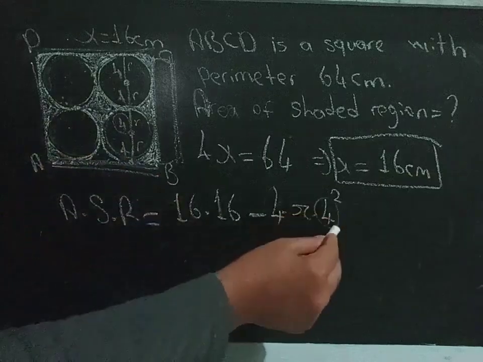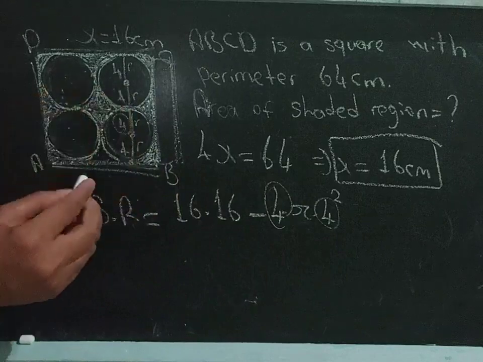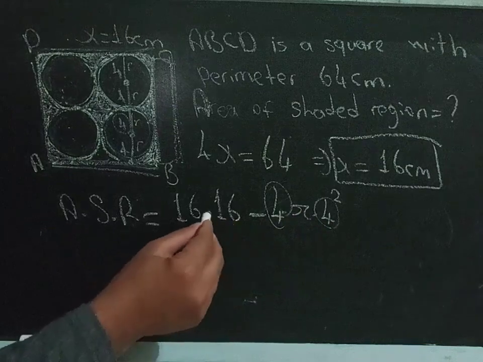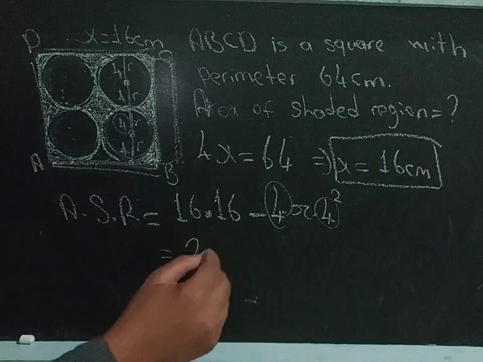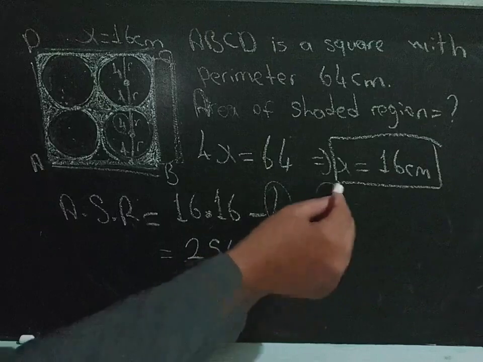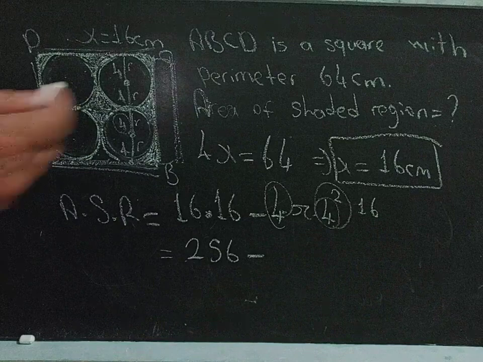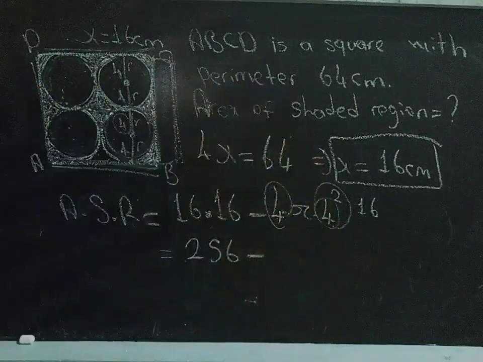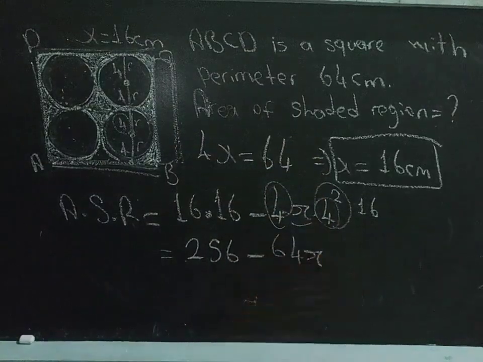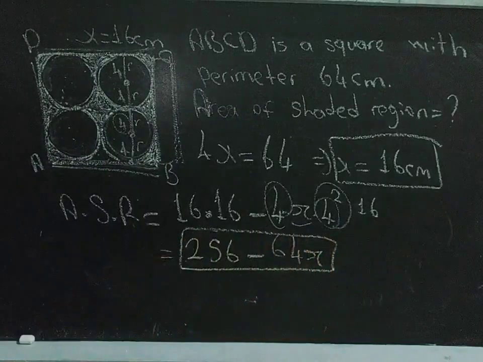This 4 is the radius of the circle, and this 4 is the number of circles, right? There are 4 circles. So 16 times 16 is 256, minus 4 times 4 square, which is 16, so 16 times 4 is 64 pi, and that's going to be your final answer.